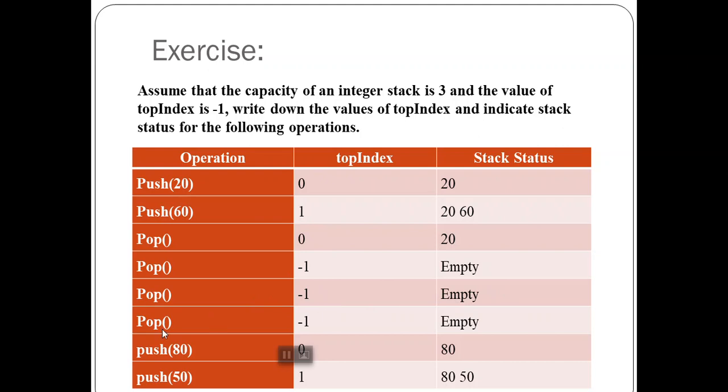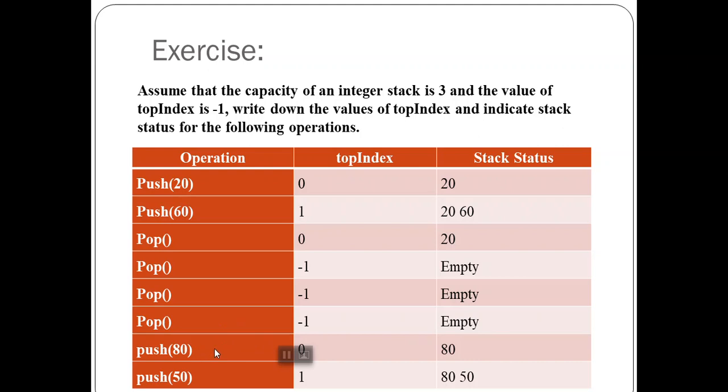Here also you see it is -1. All right, you are again calling this pop function, so it will remain -1 and empty. Now at this position I'm calling push.